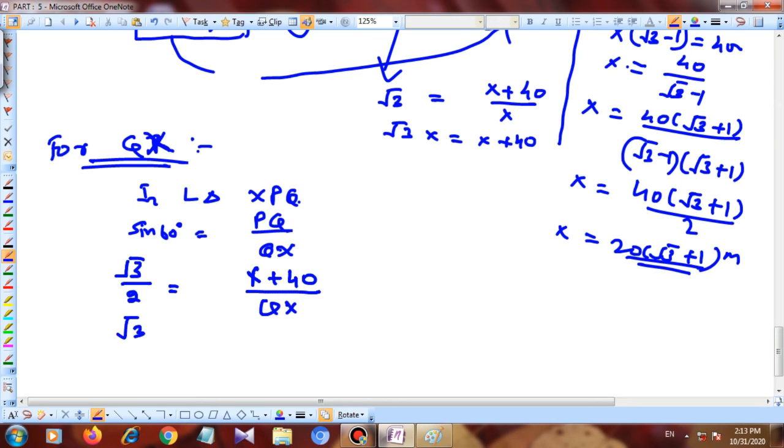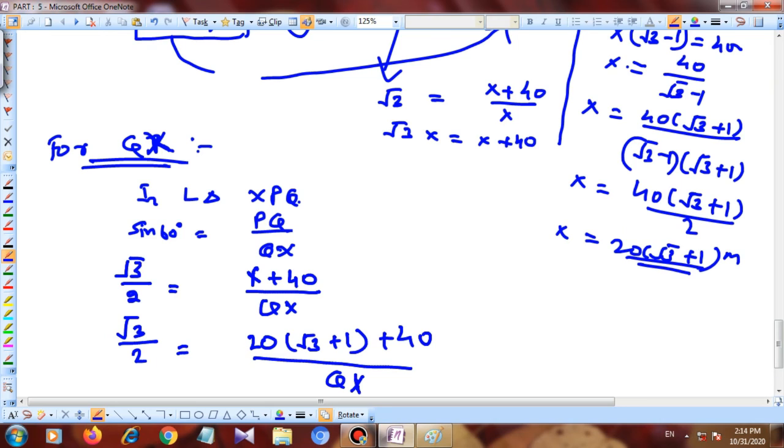So this is root 3 upon 2 equal to, value of x is 20 (root 3 plus 1), plus 40, right, upon QX.